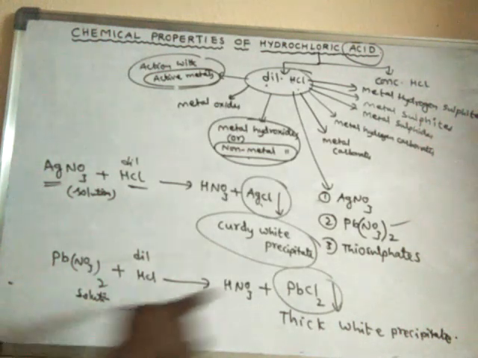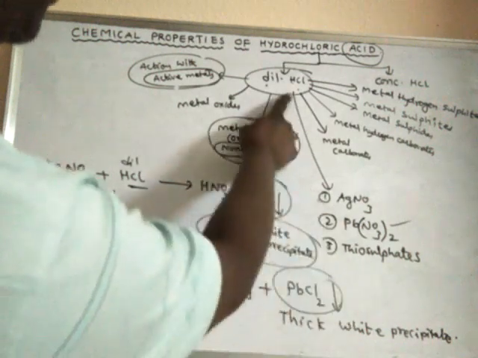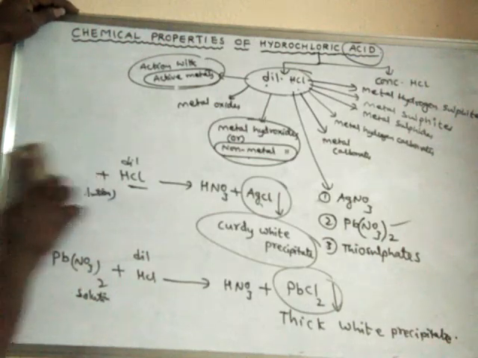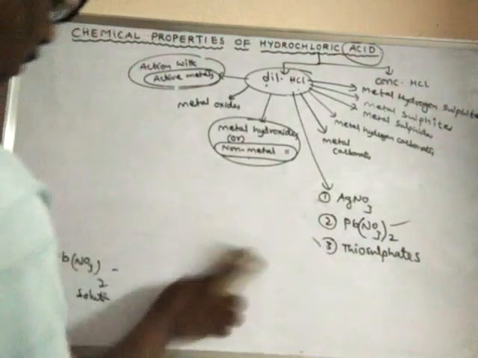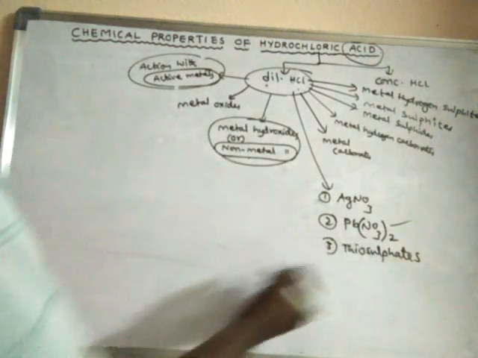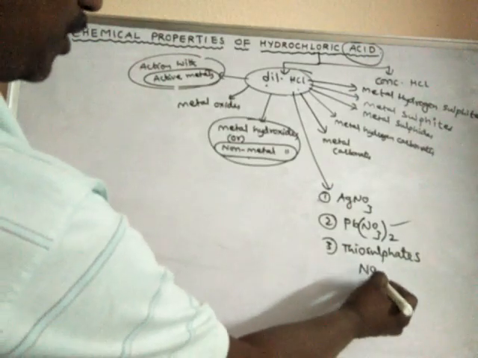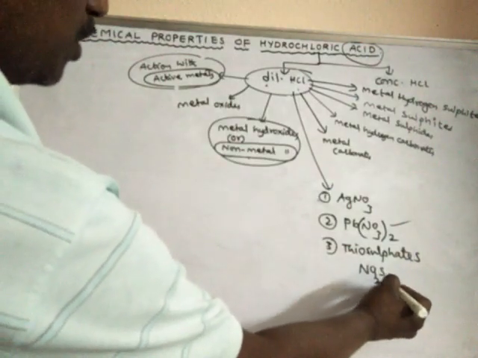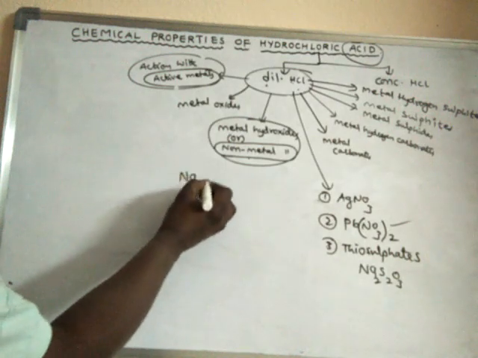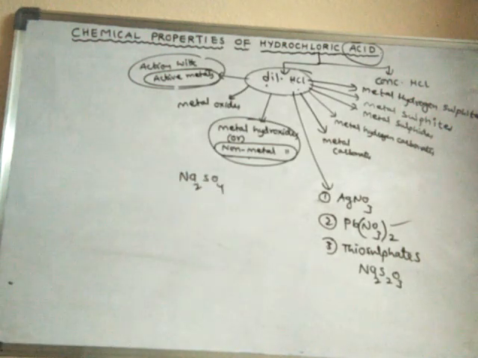Now the reaction of dilute hydrochloric acid with thiosulfates. For example, sodium thiosulfate, Na2S2O3. Actually, Na2SO4 is called sodium sulfate.